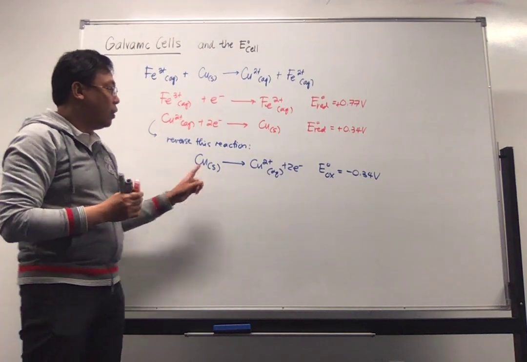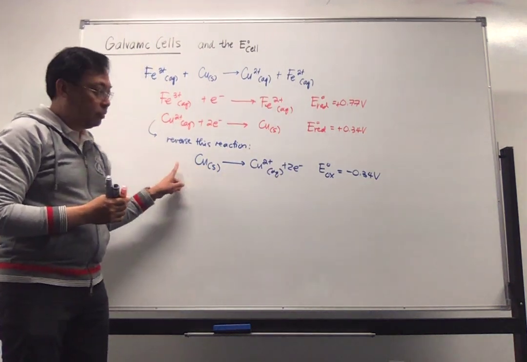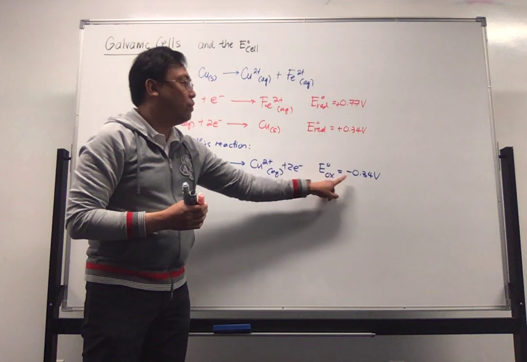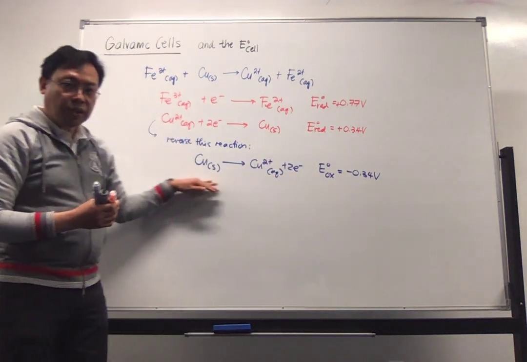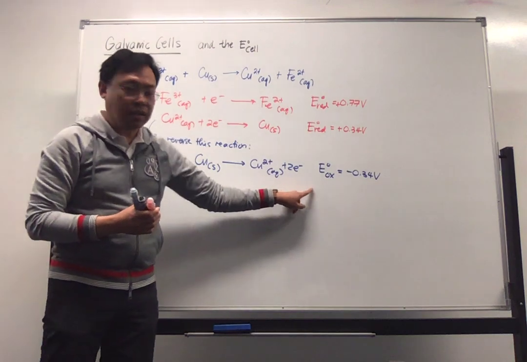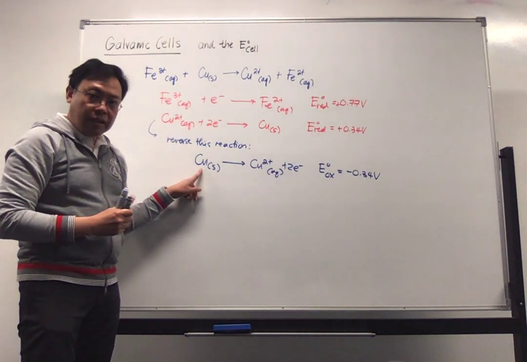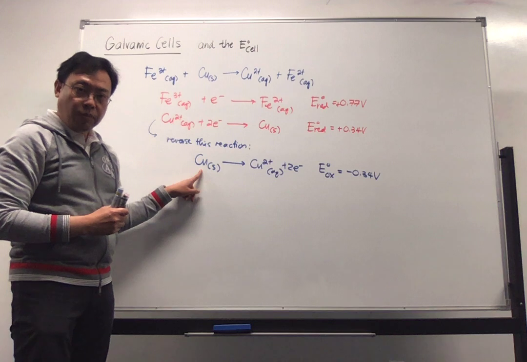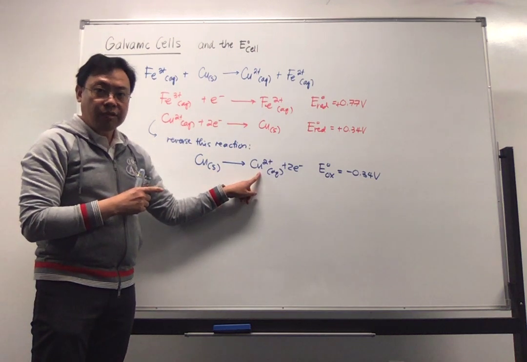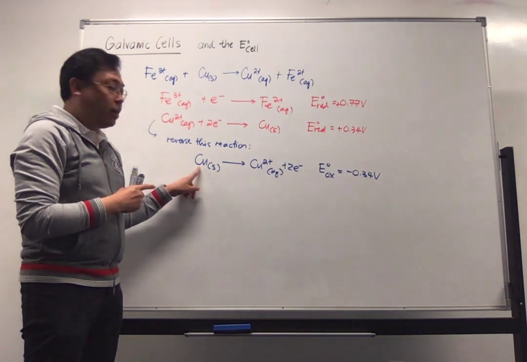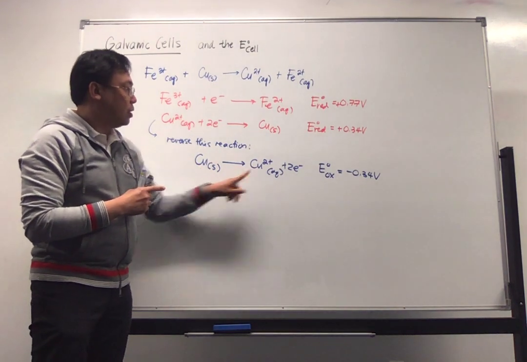You see here, we reverse the reaction, and therefore we also reverse the sign of the potential. We are not doing reduction for copper now, we're doing oxidation. So look at this one. This is the reduced form of copper in this particular situation. This is the oxidized form of copper. So that's from 0 oxidation state to +2.